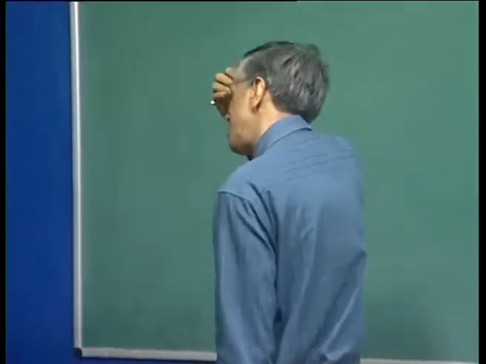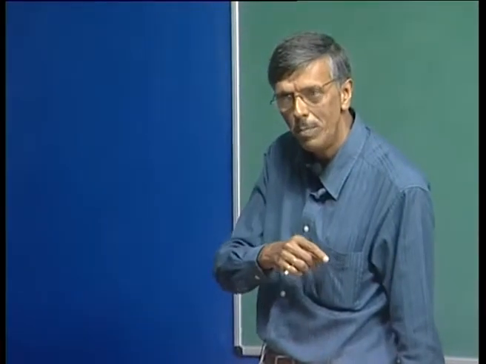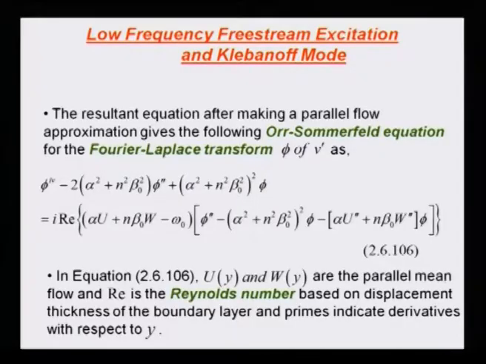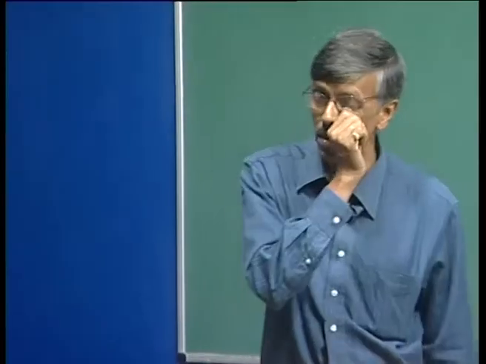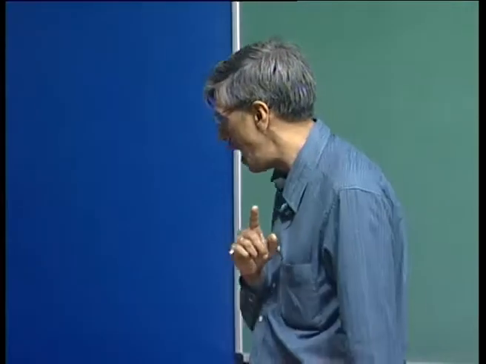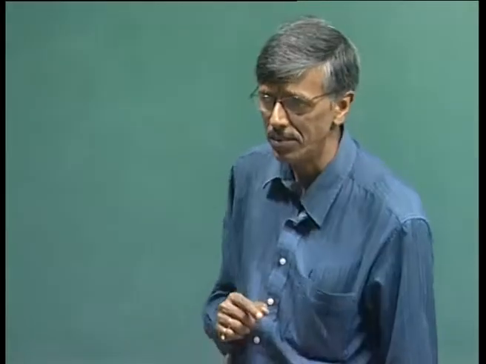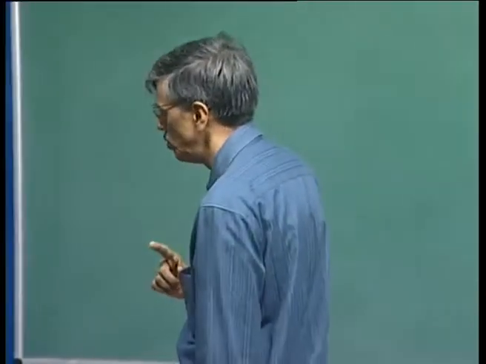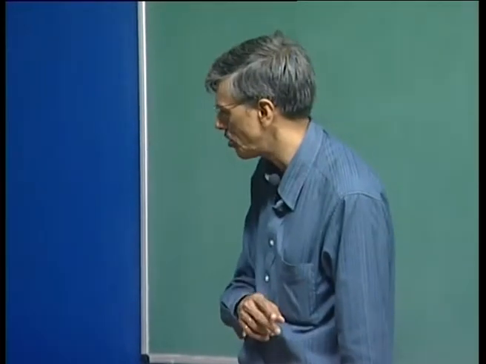Only difference here is that instead of the span-wise wave number beta square, we have taken those discrete span-wise wave numbers which are given by n square beta naught square, right. So, this is what we have done. So, you should be able to see that. And however, I must tell you what Taylor and Gaster did. Both of them, both these groups, well, Taylor was alone and Gaster had co-authors.